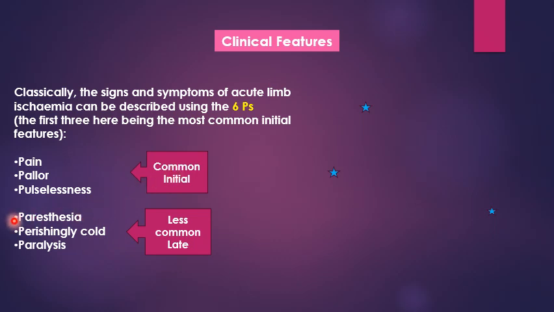The others include paresthesia, perishingly cold, very cold and clammy, and paralysis, loss of function. These are late complications which are less common. So most of the time the patients will present with these initial complaints, where a diagnosis has to be made for immediate action.